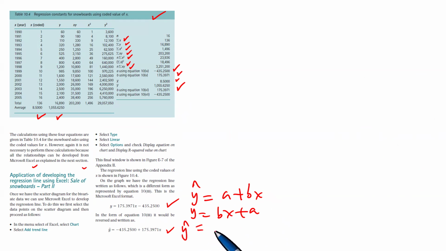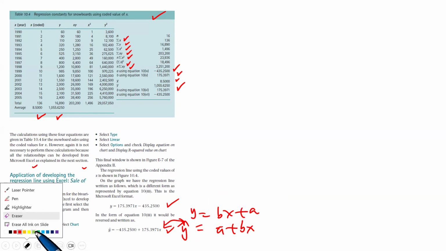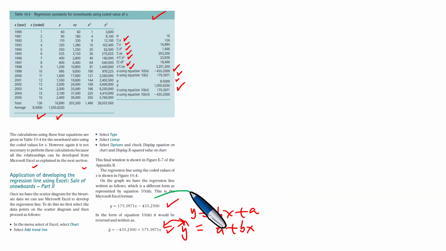The y hat here becomes the a plus bx. Just repeating the same thing here. We remove this one a little bit to have a clearer discussion. We are effectively saying this one is this one by Microsoft Excel.